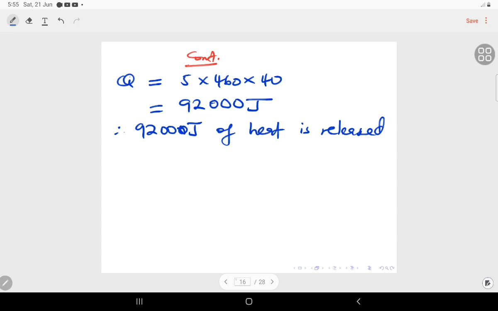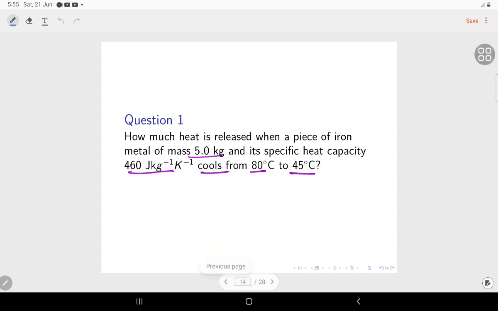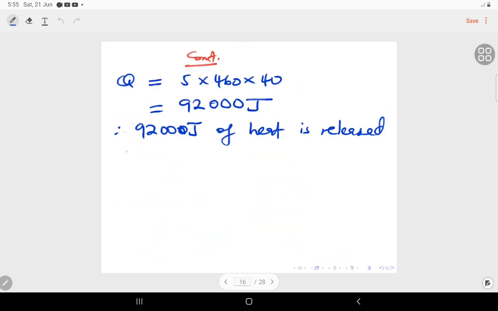That's all. You can add that it's released by the iron. That's all. Very simple.